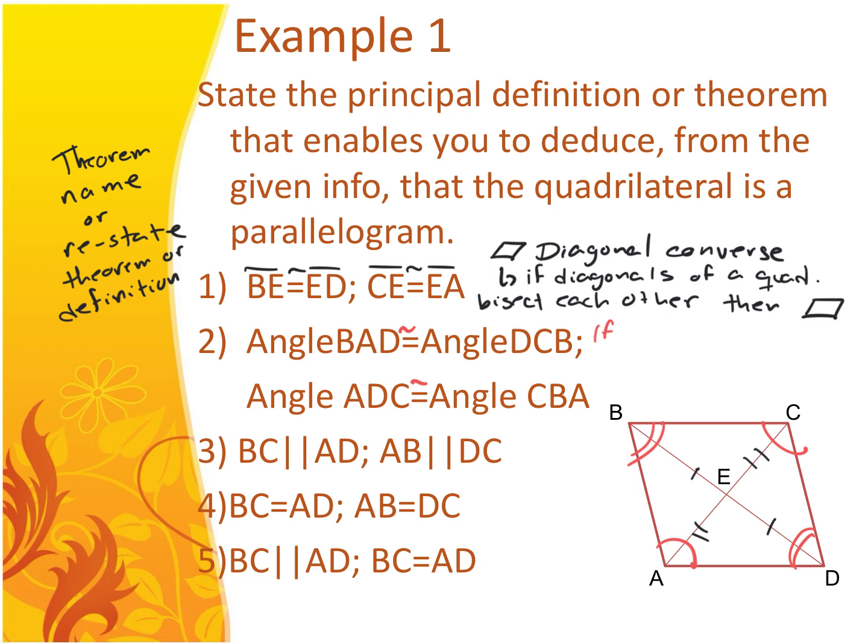So if both pairs of opposite angles of a quadrilateral are congruent, then the quadrilateral is a parallelogram.